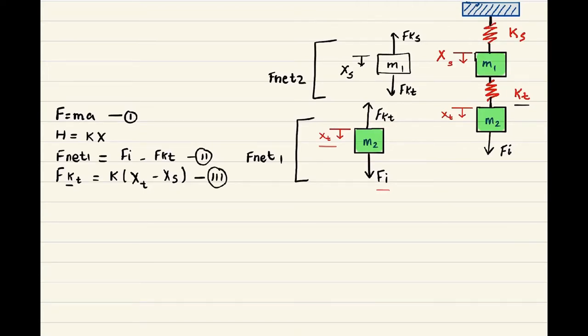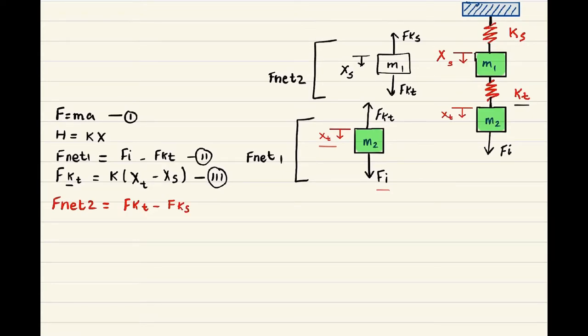Now let's jump on the second force, which is Fnet2, and in this one we can see that Fkt is working downward and Fks is working upward, which means it's the same way as we've done in Fnet1, and we're going to subtract this Fks from it.